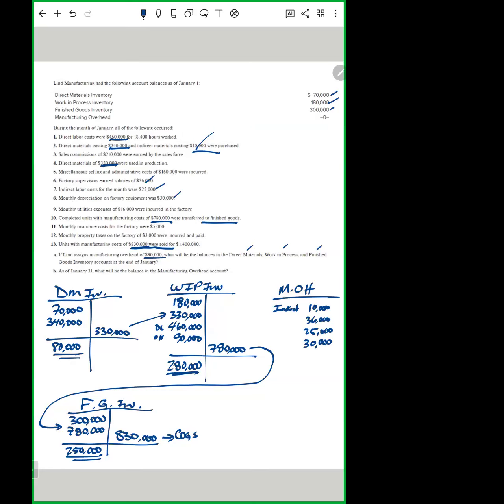That's $30,000. Then utilities, that's another overhead expense. Then we have insurance costs of $5,000. Property taxes of $3,000.